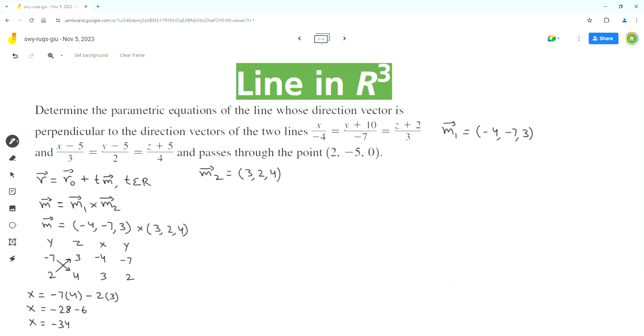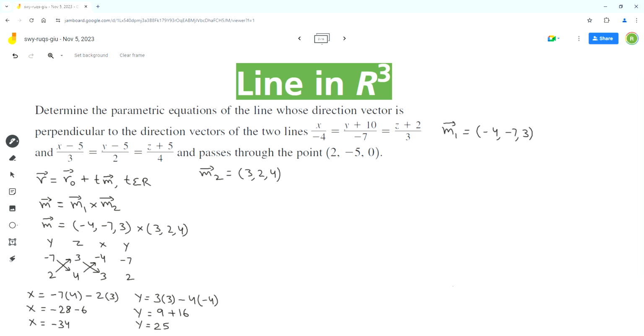Now we can find the y component, and for that we should cross multiply the z and x components. We start with 3 times 3 minus 4 times -4. I get y equals 25.